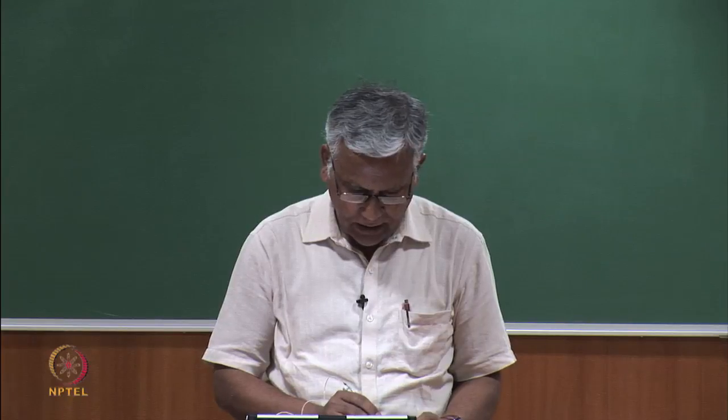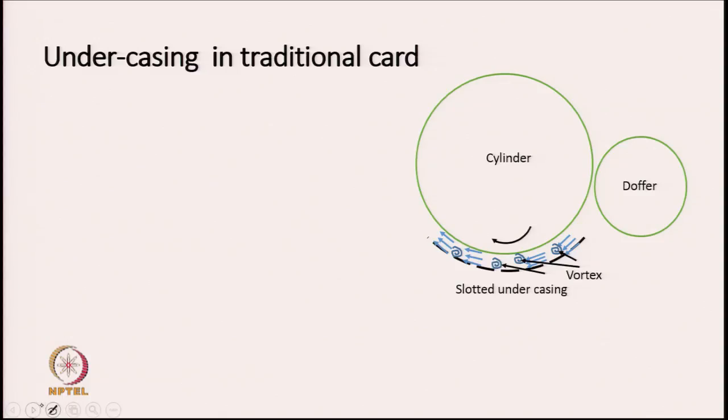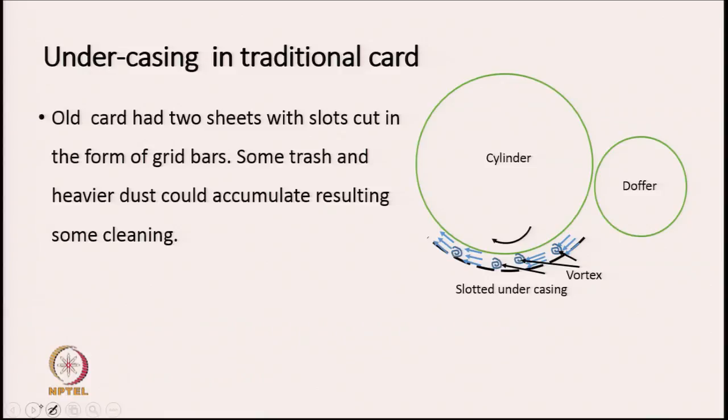Now, we go to the under casing of the cylinder, that is the zone which is left now. Here is a diagram showing the under casing. In the traditional card, there are two sheets, a sheet from here to there and another sheet from here to there.